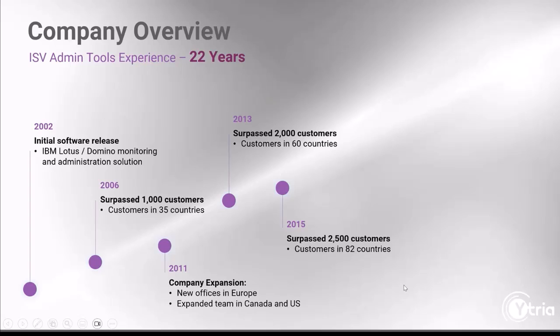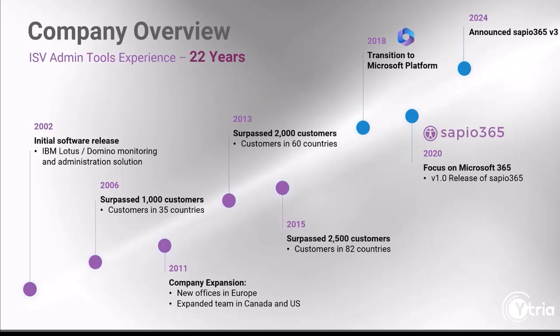Ytria has been in business for just over 20 years. We started building administration tools in the IBM space for Lotus Notes and Domino. We made it all the way up to just over 2,500 customers around the world in 82 countries, so pretty broad appeal. But as the market shifted, Microsoft started taking over more and more.